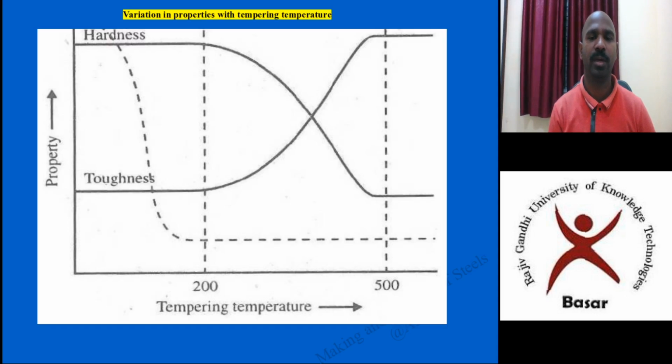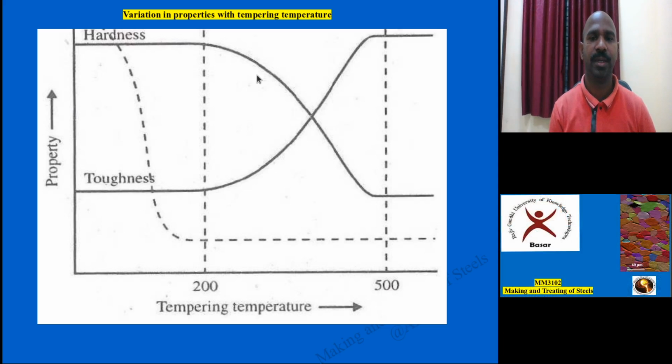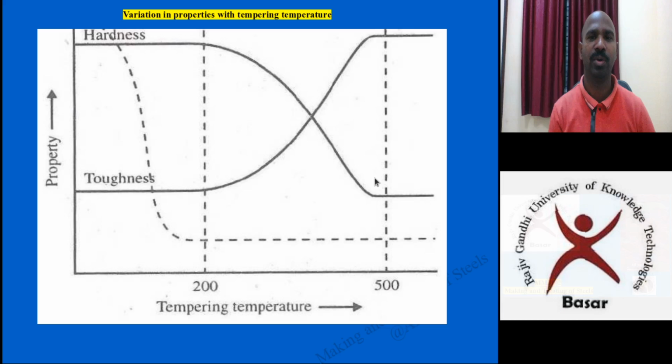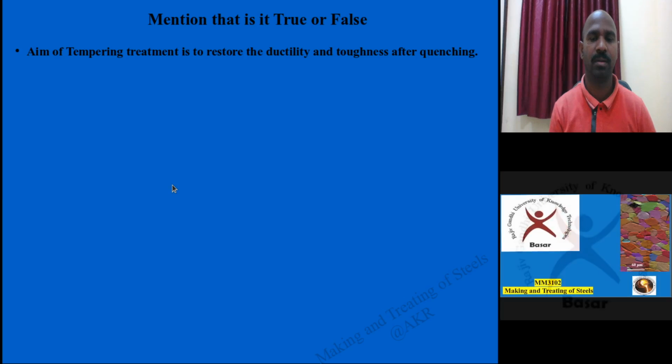By that, the toughness was increased, and the hardness, which was very high with brittle nature, was decreased. So this has changed from the hardening process. And this is the main point about normalizing, hardening and tempering processes.